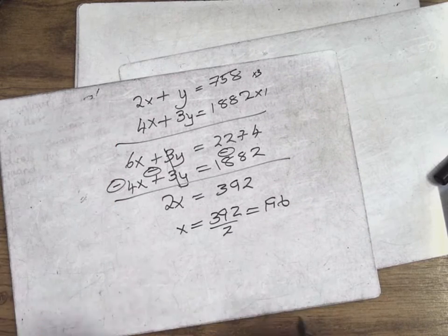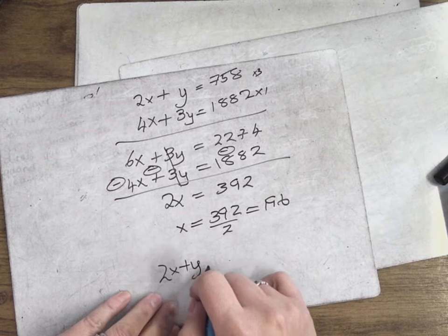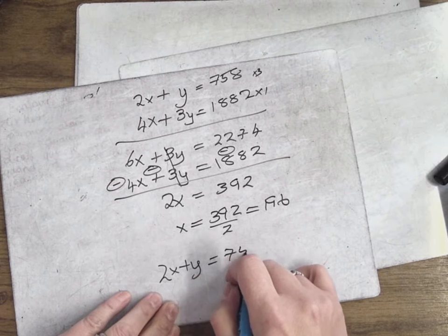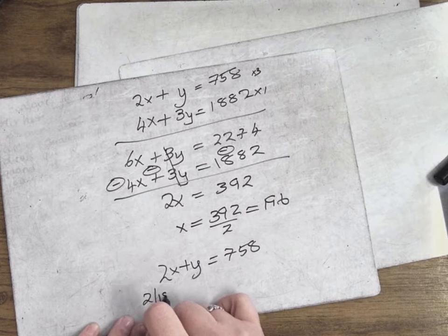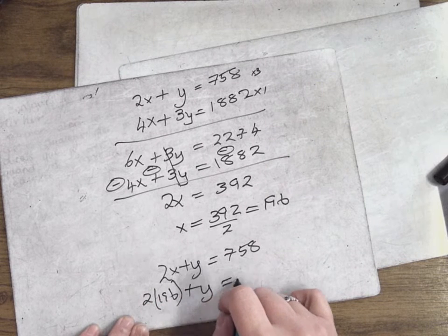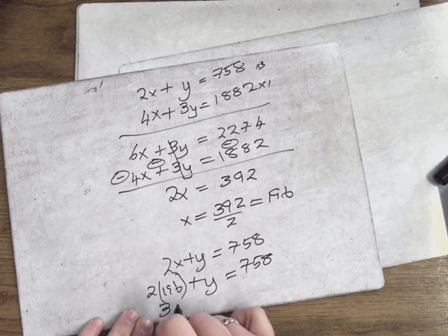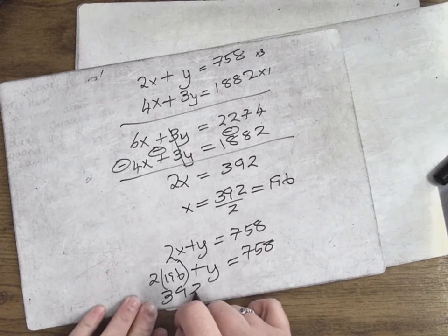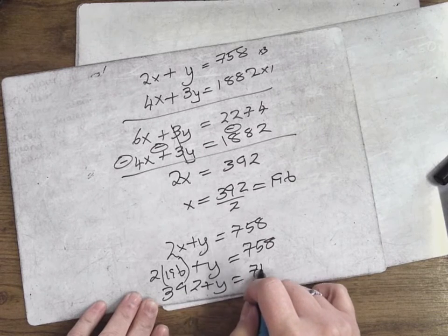Okay, and then you take the top equation, 2x plus y equals 758. You've just figured out that x is 196, so 2 times 196 plus y equals 758. That's 392 plus y equals 758.